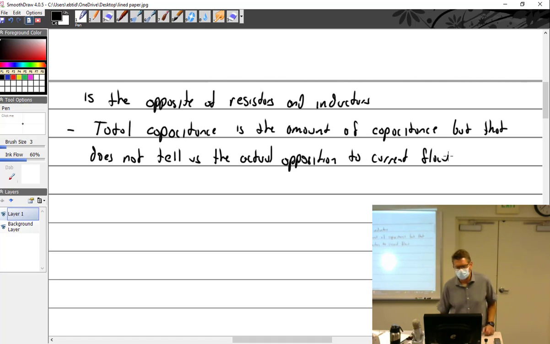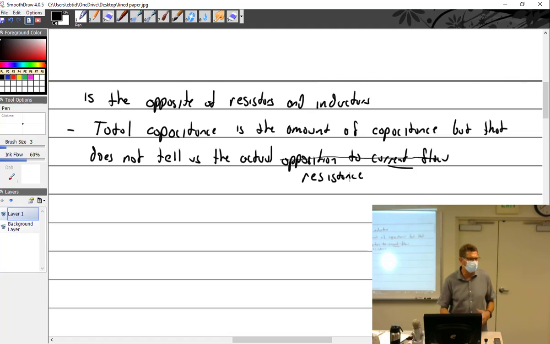So I don't love that sentence because it talks about this opposition to current flow, which to me is almost backwards of what we've been talking about. We're talking about how capacitors really make current flow. There's no opposition. So I could almost cross this out if I wanted to, but it does not tell us the actual resistance.